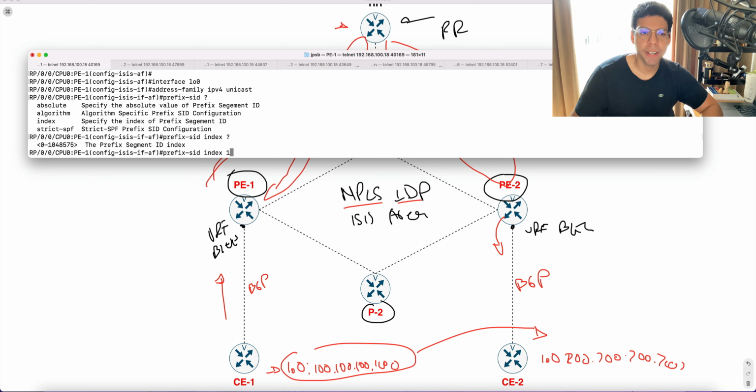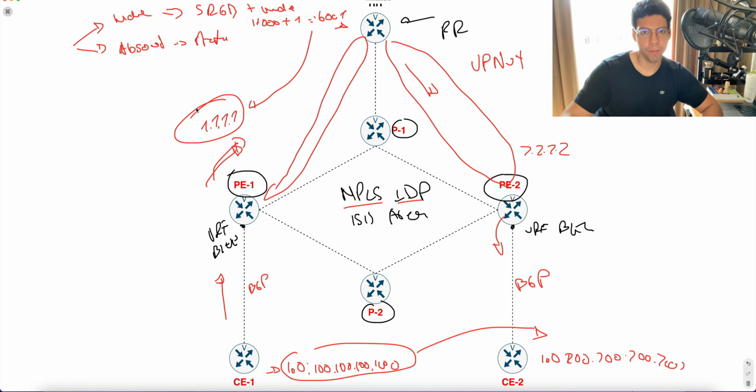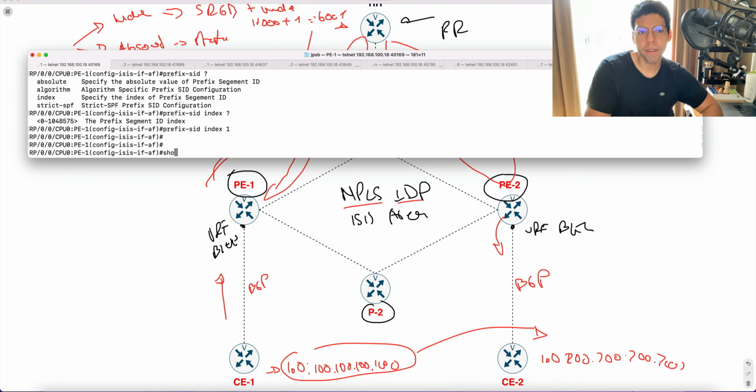If you remember, we have two options to configure the prefix SID. One is by index and the other is absolute. Absolute is static, and index is equal to the segment routing global block plus the index. Our default segment routing global block starts at 16000. So if we add the index, it will be 16001, the label for the loopback of PE1. So in our case, we will just enable prefix index 1.